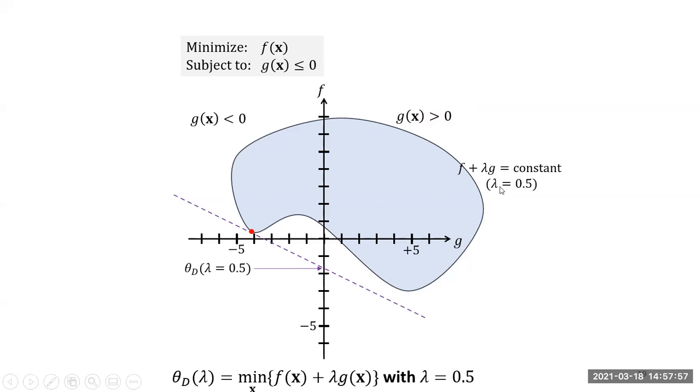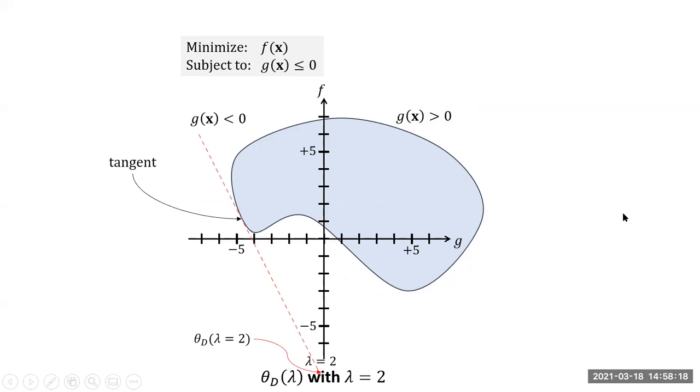For this value of lambda, theta d is a function of lambda, right? And so for lambda equals 0.5, theta d of 0.5 is this point. And how do we get that? By moving around, by taking the tangent with slope negative lambda. Now for some other lambda, here for lambda equals 2, this is the point of tangency, and so this is theta d of 2, this guy here. Agreed?